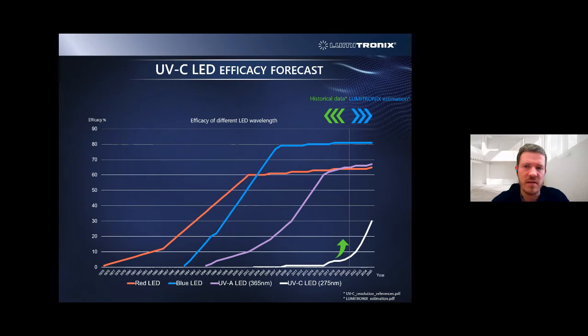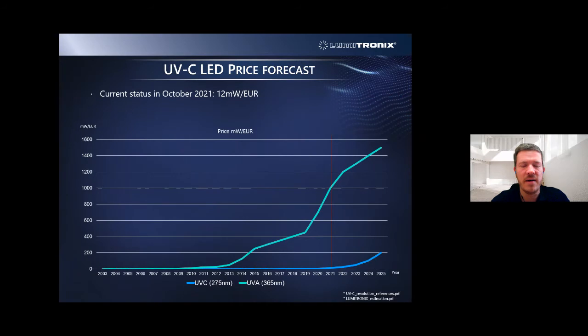You can get the historical data on which we are basing our graphs, and also our Lumitronics estimation for the future, afterwards in a data set. I cannot show all this data right now because it would blow up the time for this presentation.